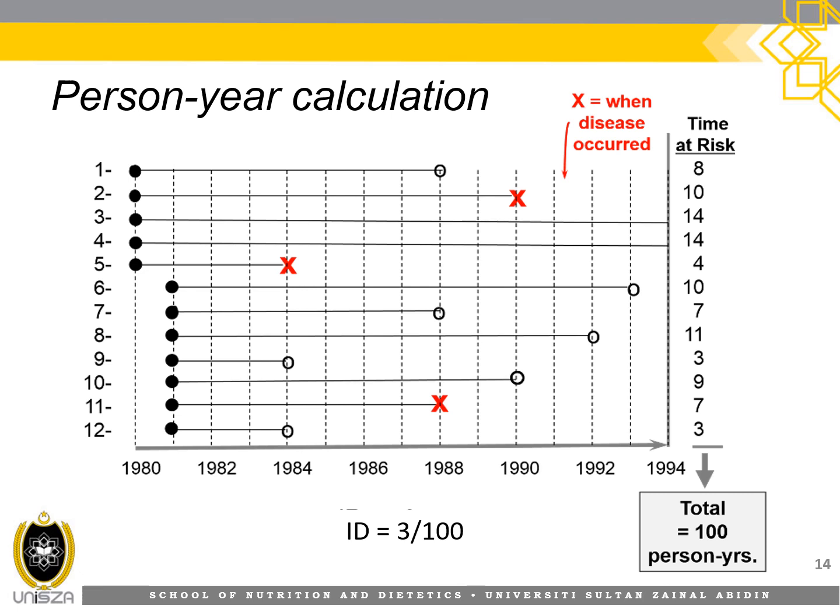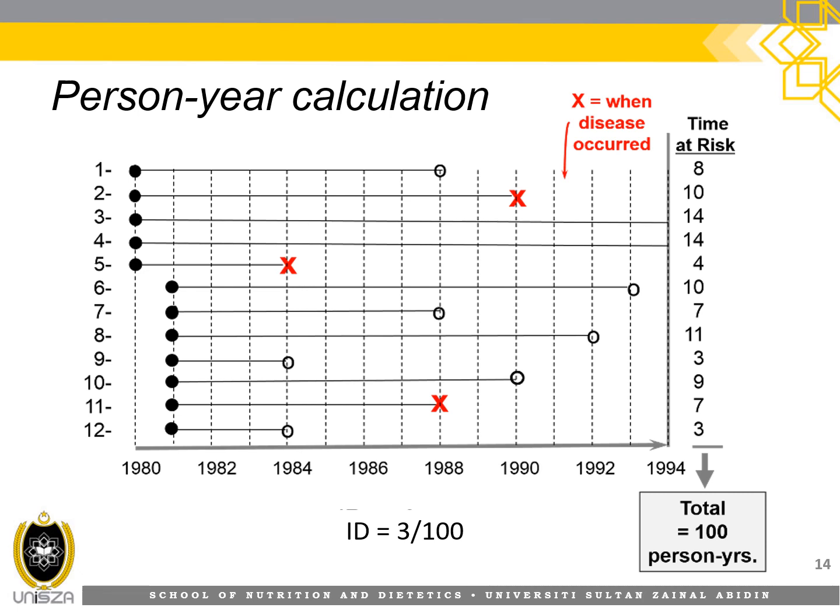So how do we calculate person-years? Let's take the example of patient number 2. The person-time is from the enrollment, that is 1980, until the disease in 1990, which is 10 years. So the time at risk is 10. We have to calculate this individually for all patients, and the sum of the time at risk, in this example, is 100 person-years.